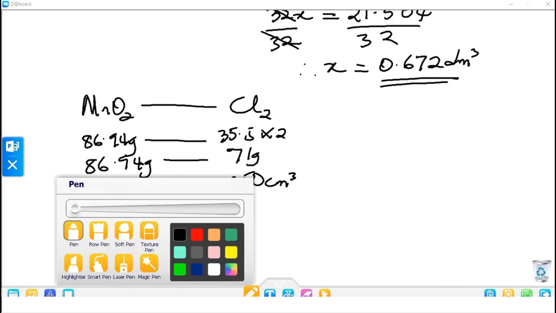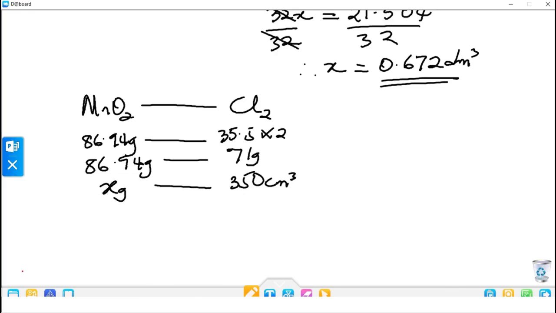Since the question is talking about volume of chlorine, we have to focus our attention on the volume of the 71 grams of chlorine so that it can tally with 350 cm³. So the two parameters ought to tally, since we are not really interested in the mass of chlorine, but in calculating the mass of MnO2.